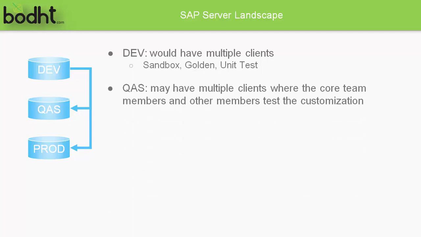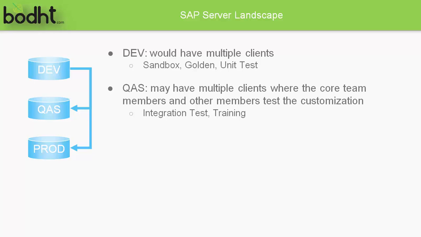And then comes the quality assurance server. Again, it may have multiple clients where the actual core team members and other members test the customization. And again, it would have an integration test client, and it may even have training clients. Integration test means you would be integrating with other modules and checking that if I do some activity here in X module, it should trigger something else in Y module.